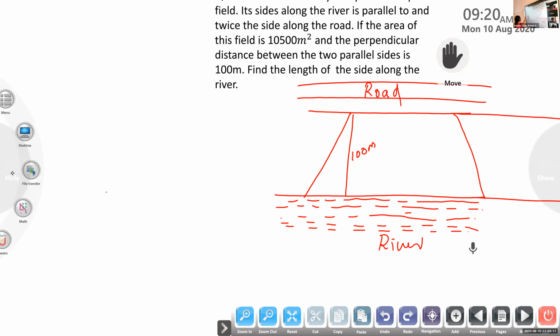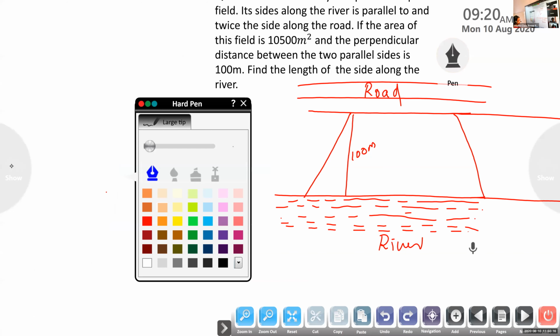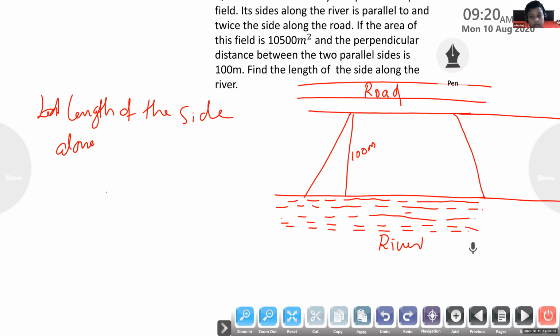So first of all, let us take the length of the side along the road be x.